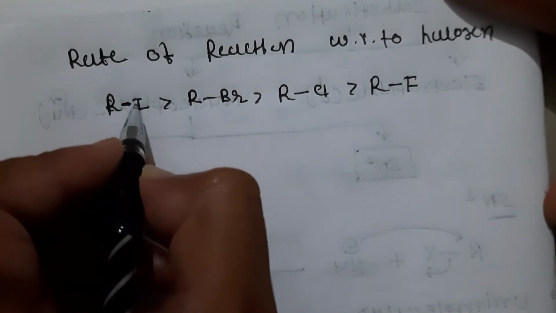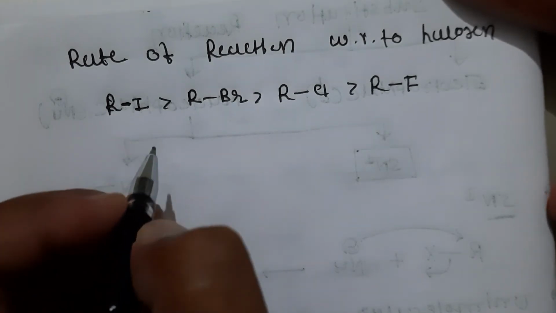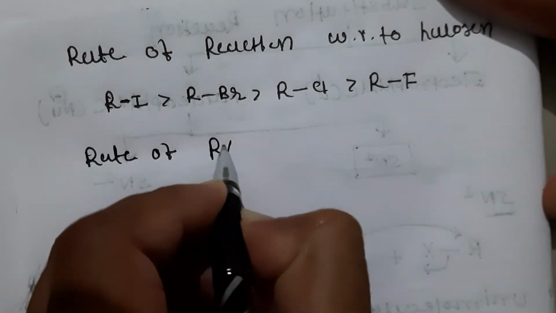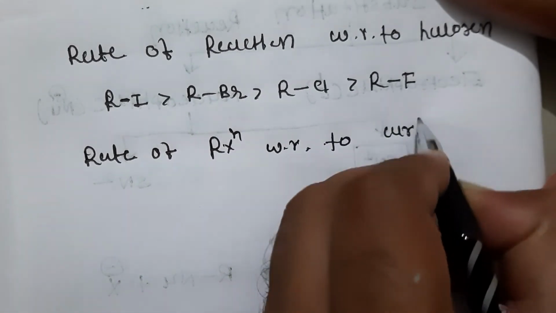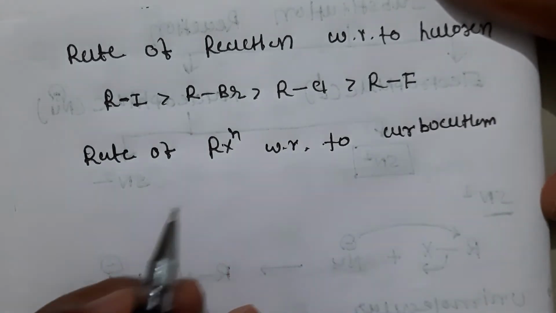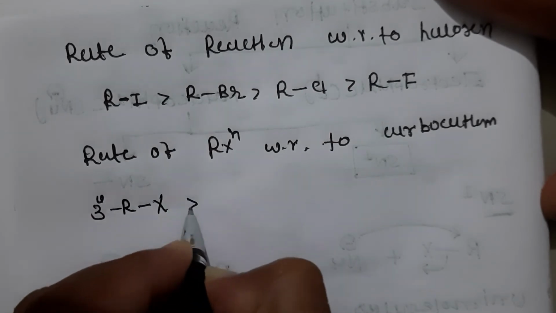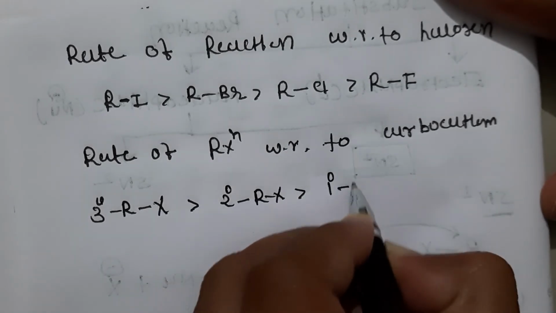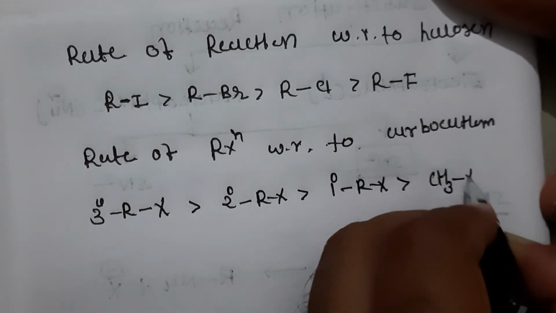So the bond is long and can easily break, which also supports the SN1 reaction. The rate of reaction with respect to the carbocation or alkyl halide is that 3 degree alkyl halide reacts faster than 2 degree alkyl halide, then 1 degree alkyl halide, then simply methyl halide.